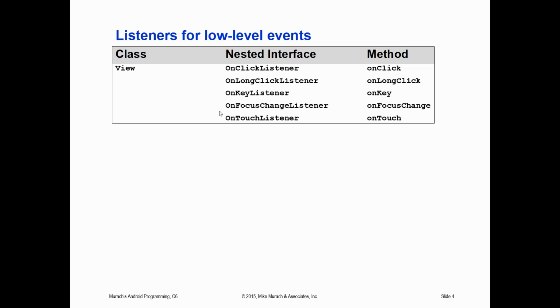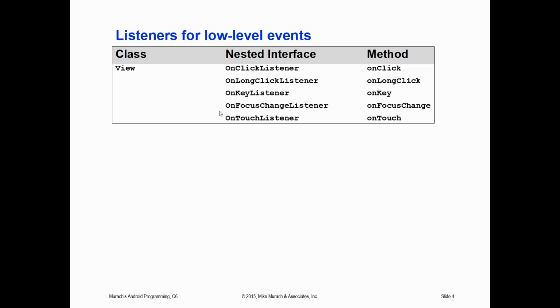For example, the onClickListener can be wired to any widget because you can click any type of widget. Besides clicking on a widget and quickly releasing it, you sometimes click and hold down for a longer period of time. If you do that, that's known as a long click. So you can use the onLongClickListener for that type of event.